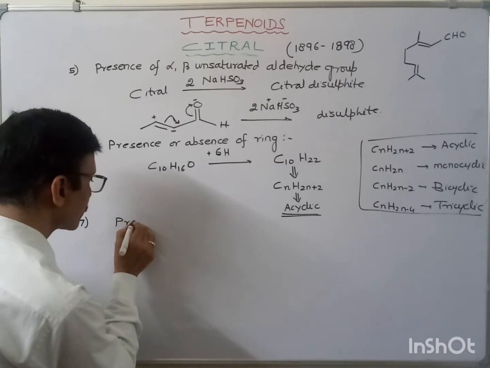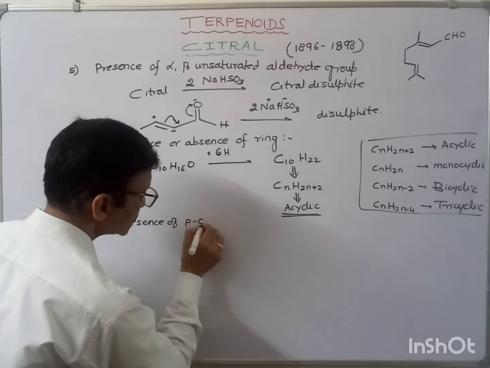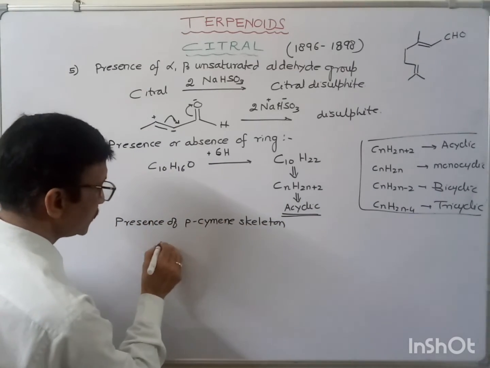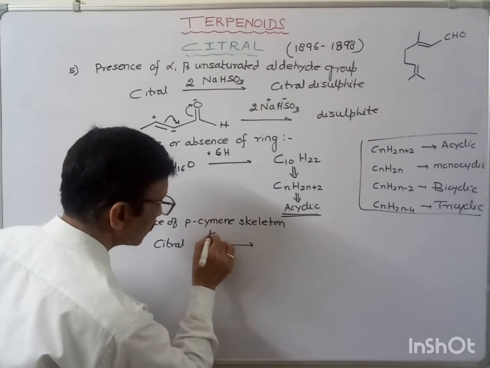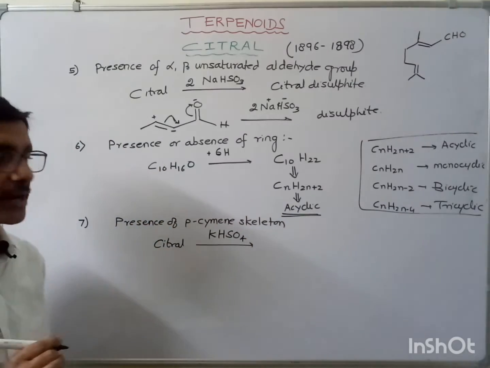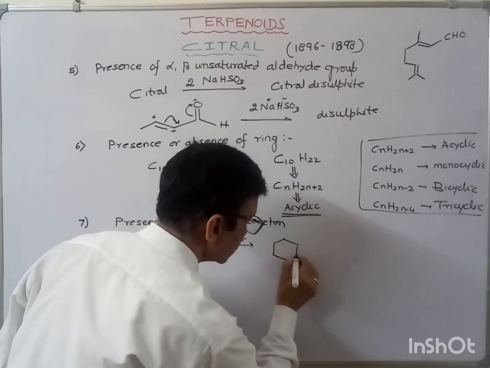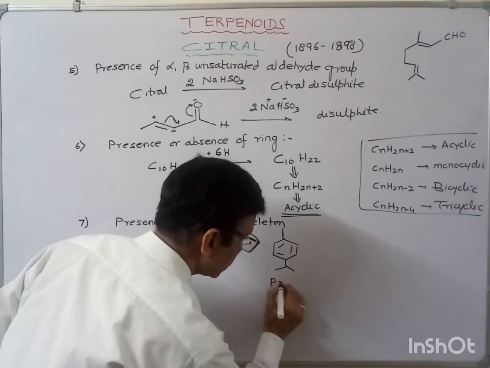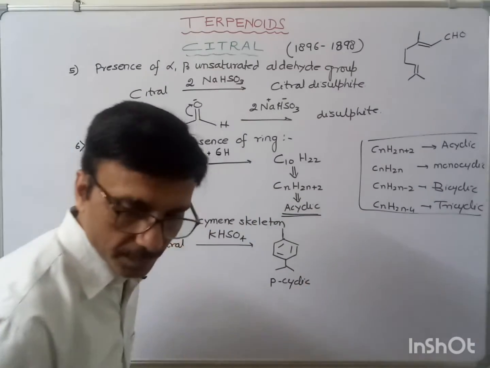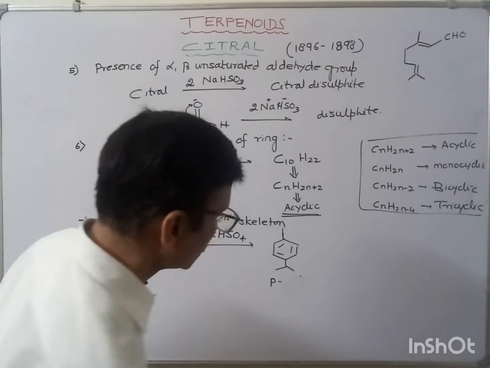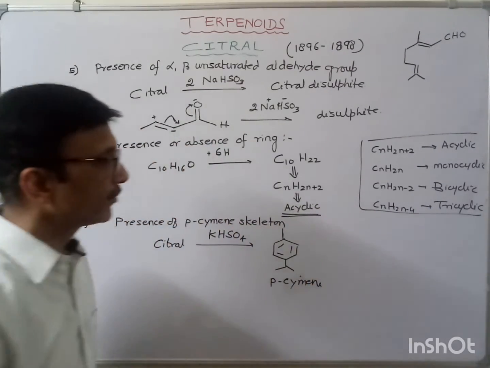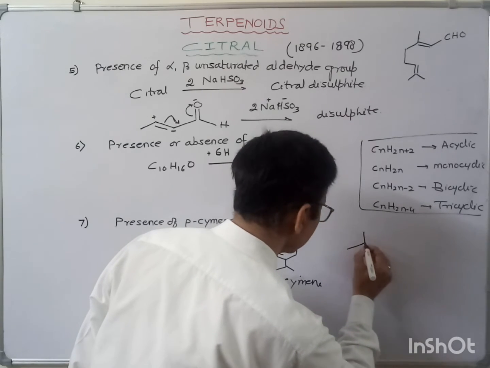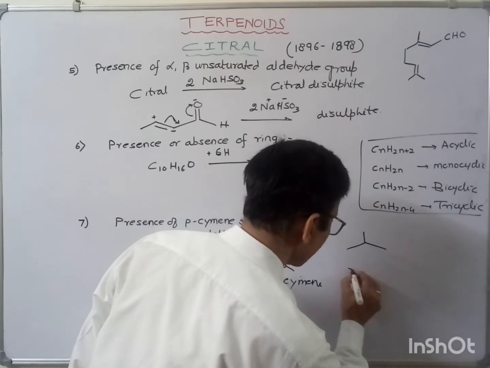If citral is treated with potassium hydrogen sulfate, then the scientist got para-cymene. This means citral has the para-cymene type of skeleton. The structure is something like this.